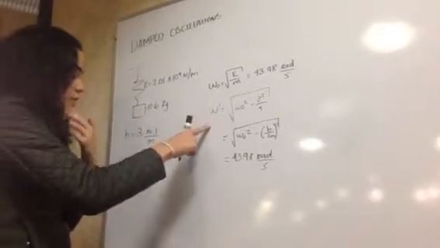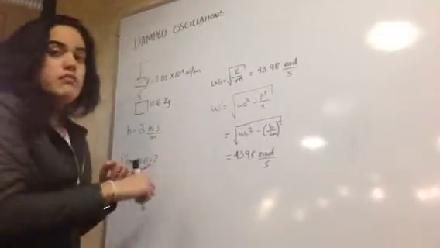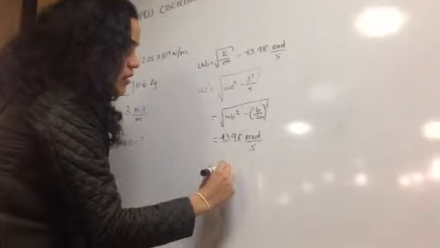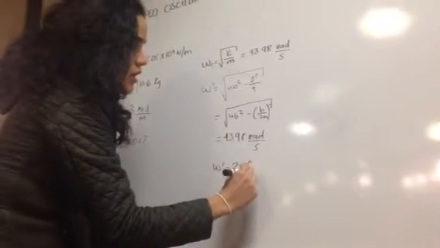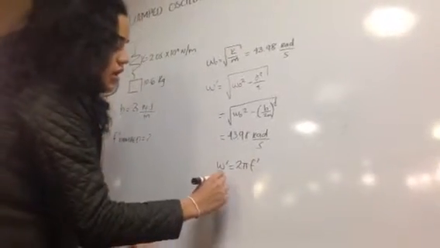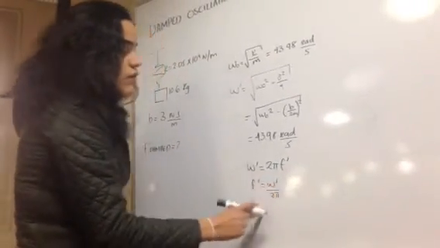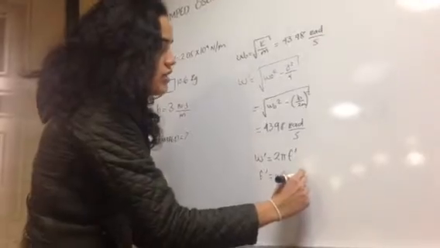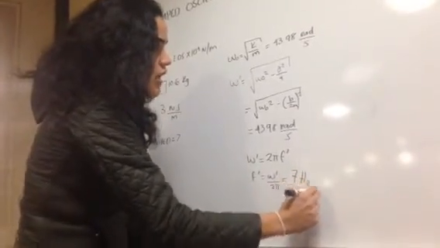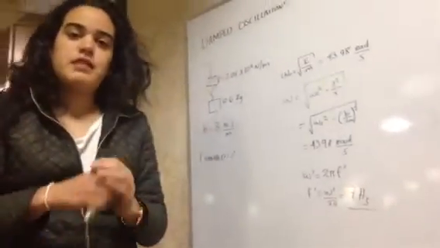And having omega prime, I can get f prime, knowing that omega prime equals 2 pi times f prime, and f prime equals omega prime over 2 pi. And if we plug in the data, I get 7 Hertz. And that's a quick explanation of damped oscillations.